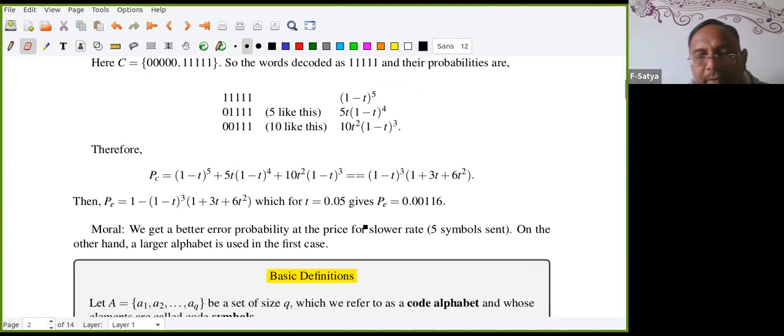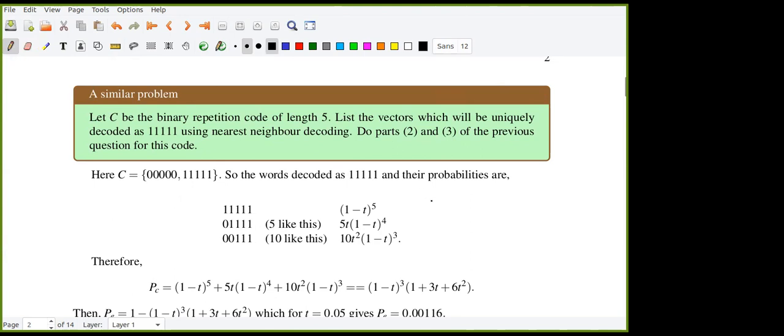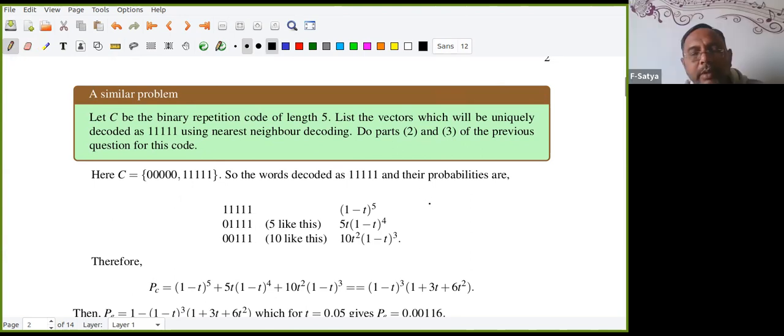Why slower rate? The rate is: 5 symbols here, so in total how many words are there? 32. 32, correct. So here it is 2 by 5. Are you following? Rate of the code is 2 by 5. Sorry, even 1, sorry sir.